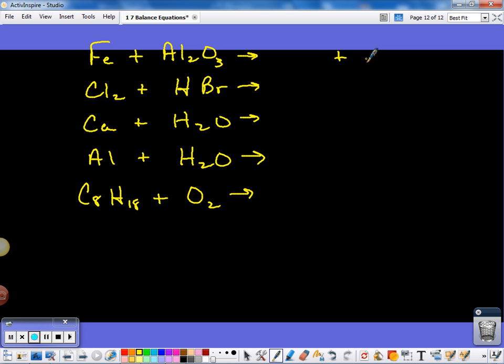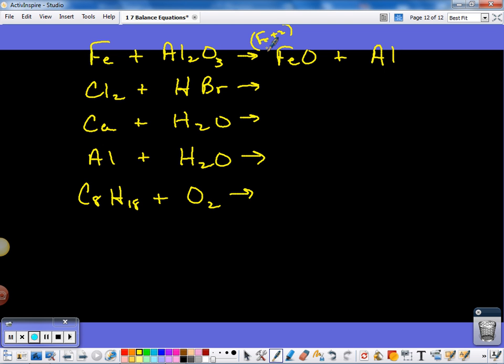What's the element going to be? The element that's going to be over here is going to be iron? Al is the element. What's the compound? FeO. And we'll say that this Fe is going to be a +2 just to make our life a little easier. Okay?